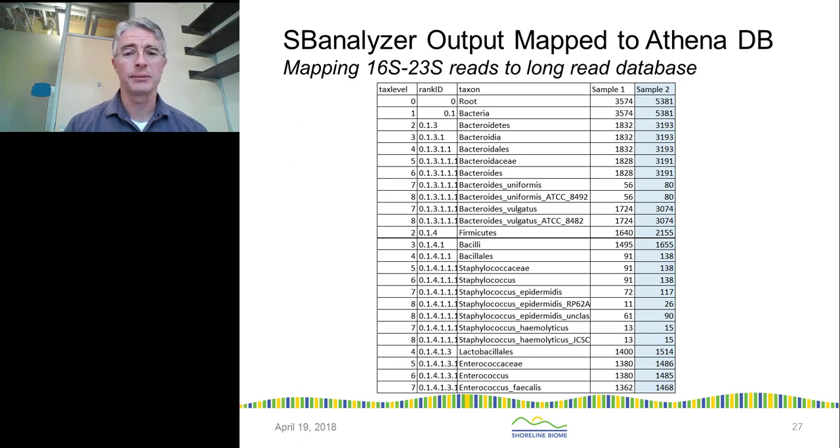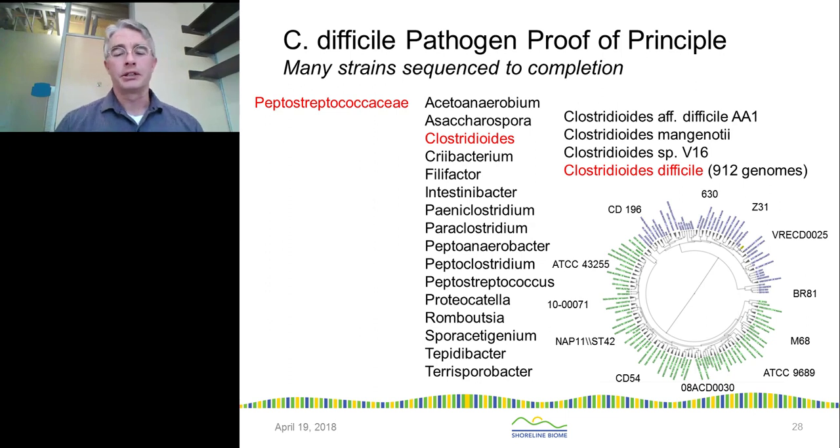And so now, to continue this thought, I'll get into why we are using Clostridium difficile as an example. Because there's a whole lot of sequencing that's been done, and it's relatively simple to validate that we're getting the correct answer. And so if you take a look, the taxonomy of Clostridium difficile is shown in red across the different levels of taxa, from family down to genus species. And inside the Clostridioides difficile, there's 912 different genomes that have been sequenced to one degree or another.